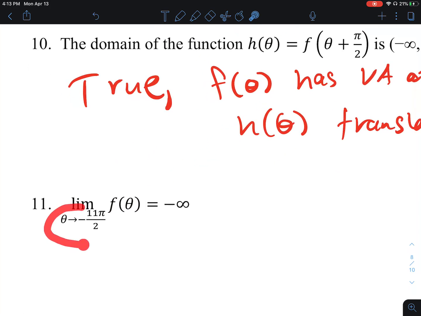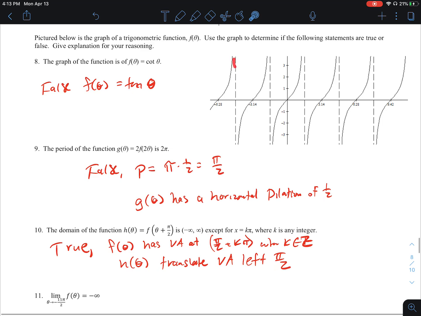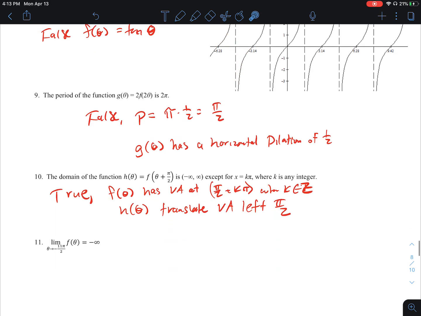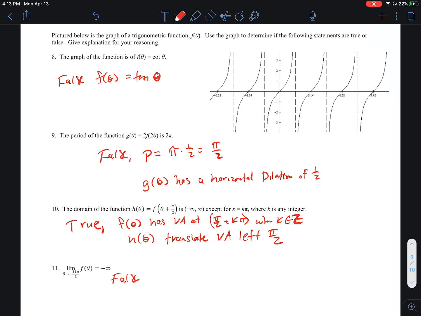If you're approaching negative 11 pi over 2 from the left and the right, in no place, if you approach a vertical asymptote from the left and the right, is it going to be negative infinity on both sides. So this is false. First of all, negative 11 pi over 2 would be a vertical asymptote, because of what we said there.